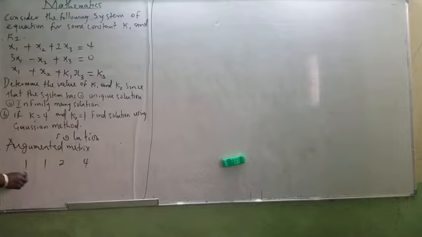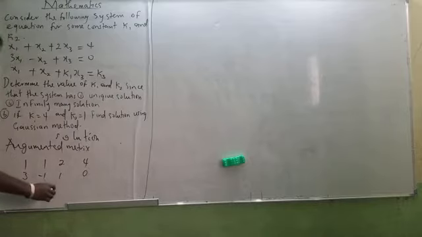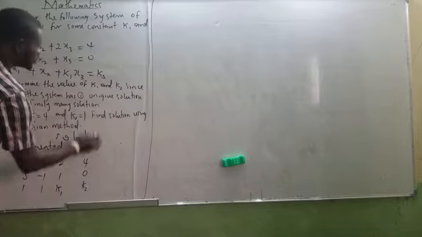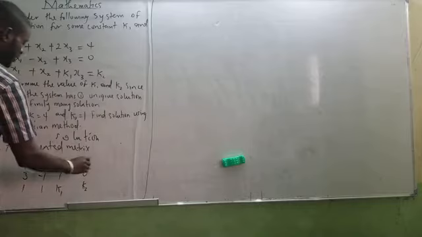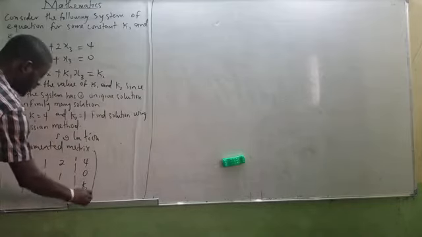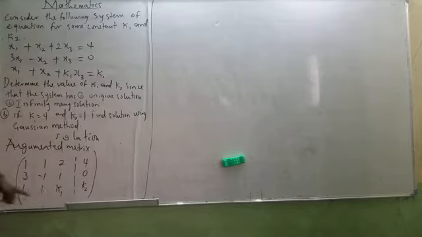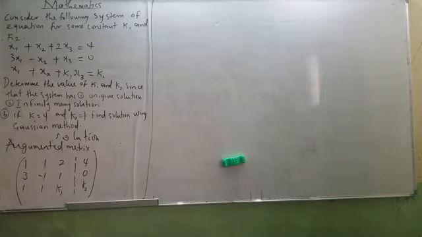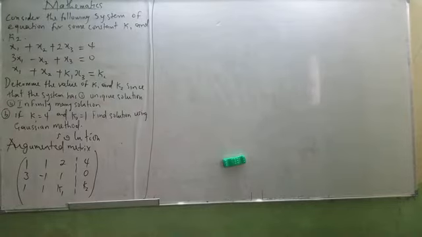I have 3, -1 and 1, and 0, and this one will be 1, k1 and k2. This is not k3, it's k2. Now, this is my augmented matrix. Now, listen, k1 and k2 are not the same thing.